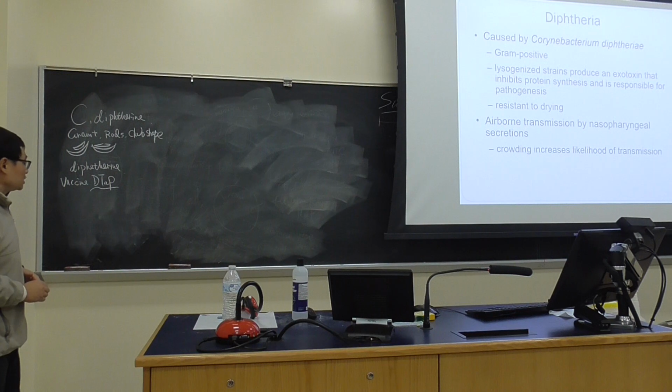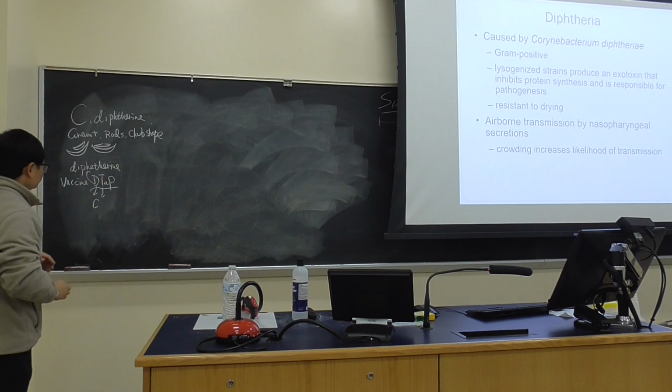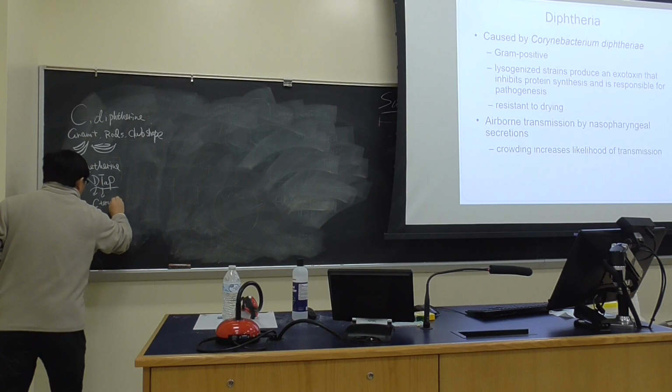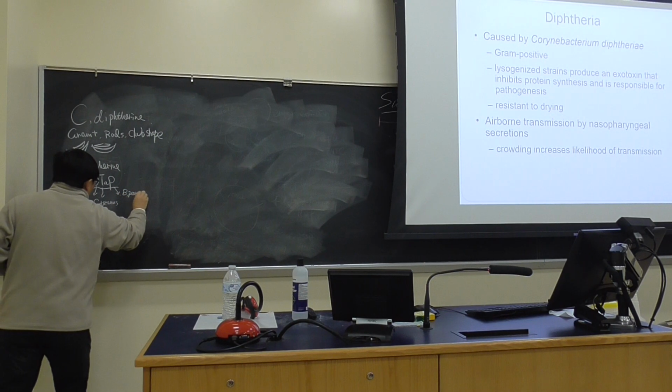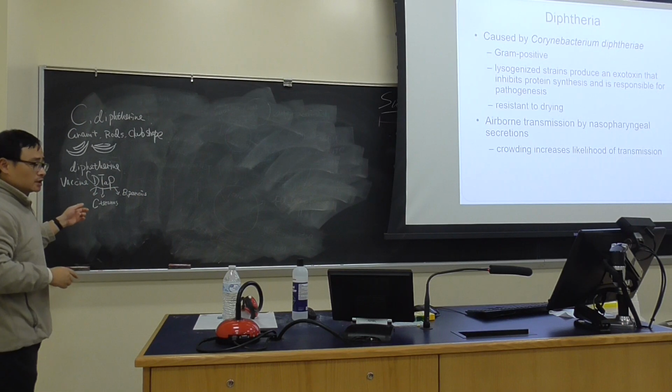The DTaP covers 3 pathogens. D is diphtheria, T is Clostridium tetani, and the P is Bordetella pertussis. One shot, three protections.